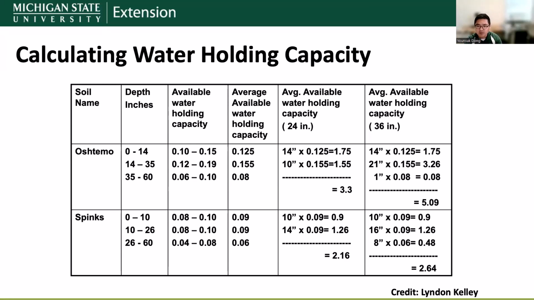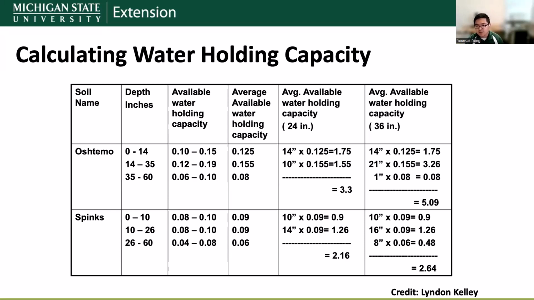Compared to that, Spinks soil is more loamy sand, so it has less water holding capacity than Oastamo soil. The top 24 inches for Spinks soil is 2.16. The top 36 inches for Spinks soil is 2.64.